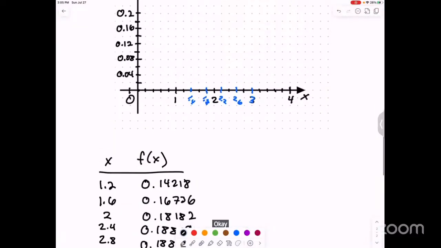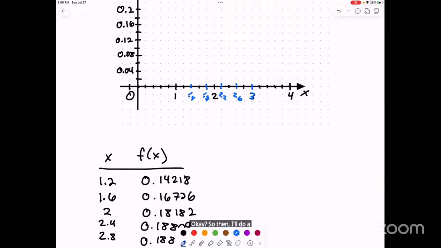Okay, so then I'll do a quick plot. Let me see, 14.218. So 1.2, 14. Halfway will be 14.5. So the first one is about here. Okay, that's the first subinterval.